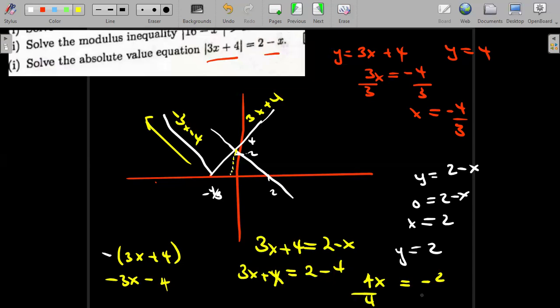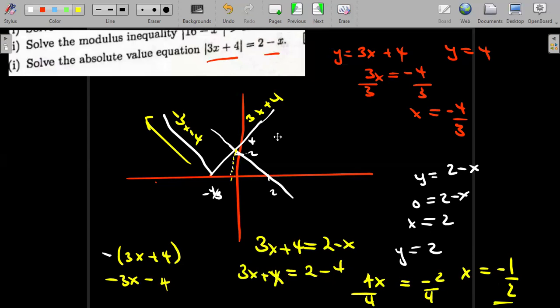Divide by 4, and you just get x is equal to negative 1 over 2. So that is your value of x. That's how you find the solution for this absolute value equation. All right.